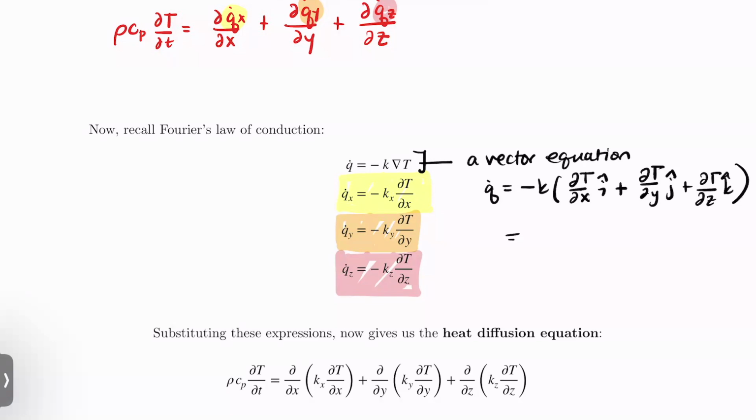We can write this in component form as minus K partial T partial X, that's our x component, minus K partial T partial Y, that's our j component, and then minus K partial T partial Z, that's our k component, or the z direction component. I can highlight these similarly here. That's where those expressions have come from.